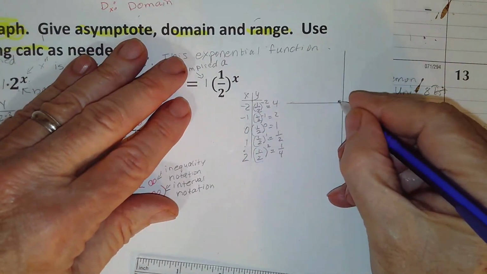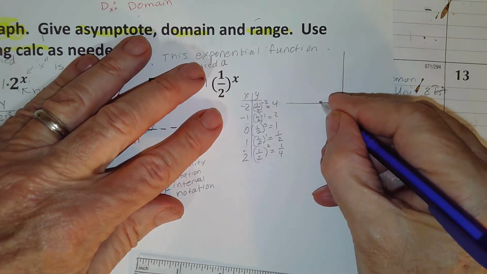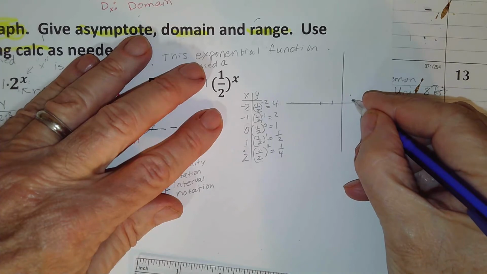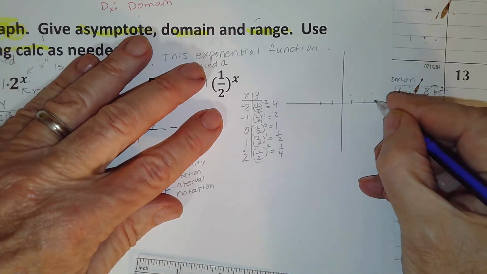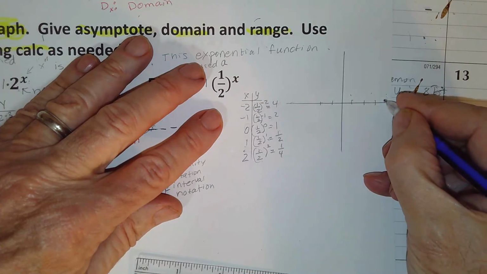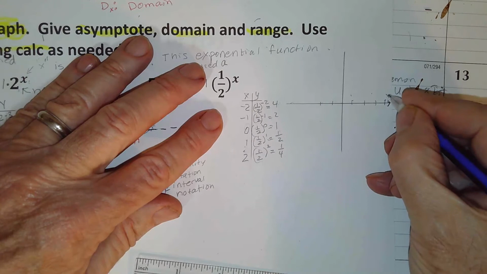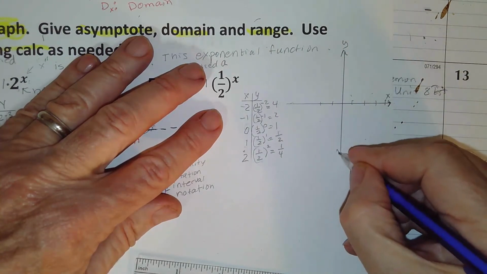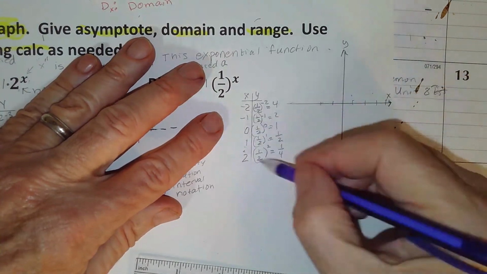Okay, so we've got -1, -2, and then over here we've got 1, 2, 3, 4. And we'll put our little X over here and our arrow, and this is our Y. We don't need to go into negative land just from looking at these.